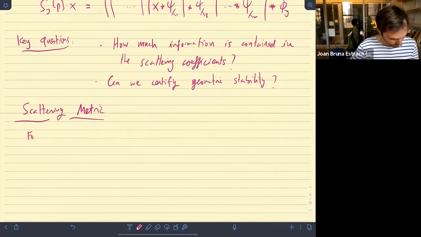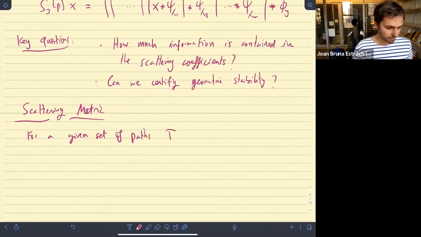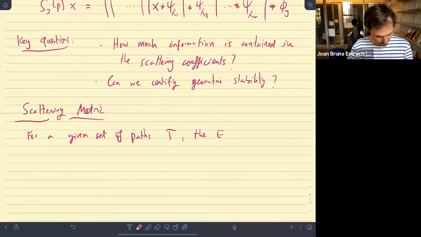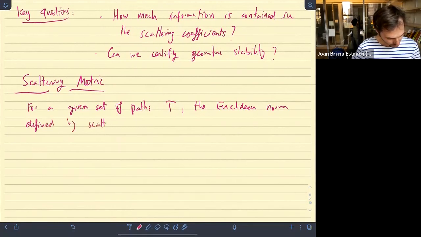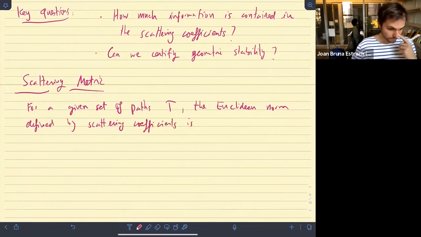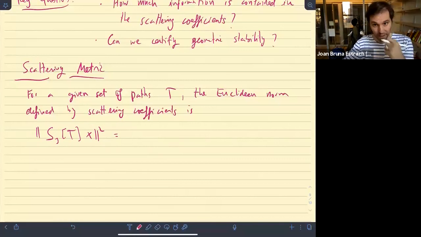So for a given set of paths, gamma, the Euclidean norm defined by the scattering coefficients is basically aggregating all the L2 norms of all the paths that are in this set.